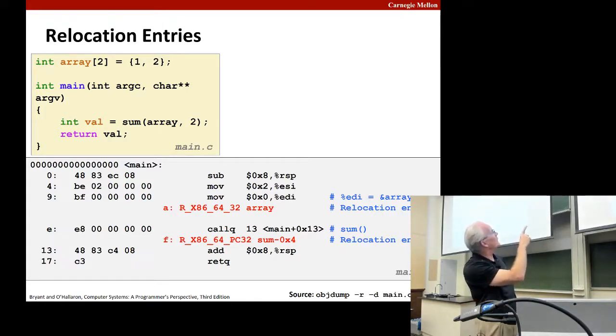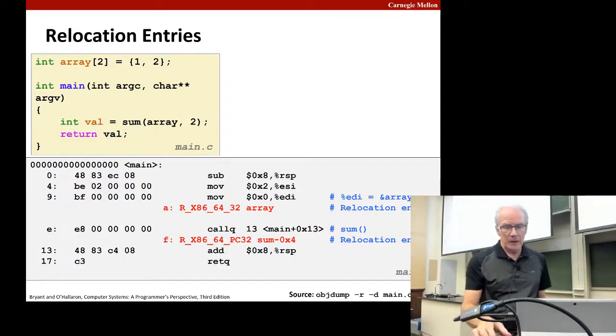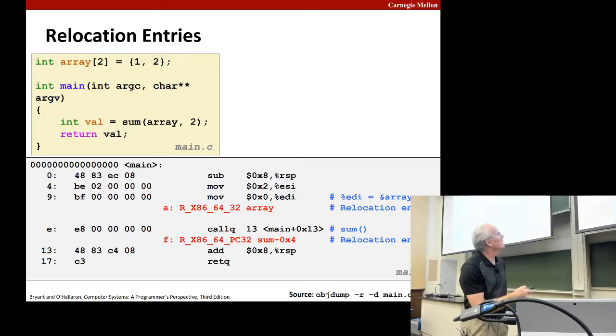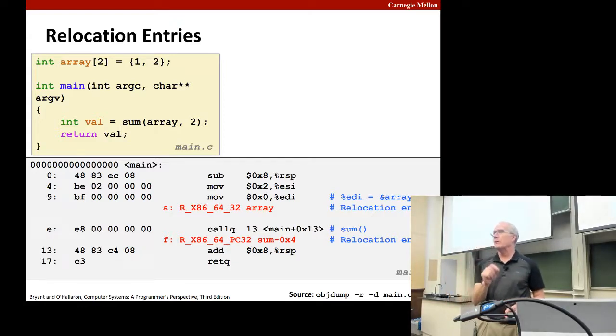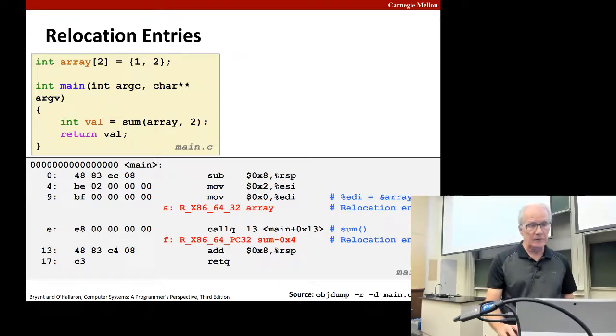And then also where array is stored, and then it has to be able to call the function sum. So it has relocation information there too. And actually, if you look carefully, you'll see that the initial pattern here is all zeros for both where this array is stored and what function it's calling. You can think of that as a placeholder in the code, 4 zero bytes that will get filled in by the linker with the exact bytes to use.